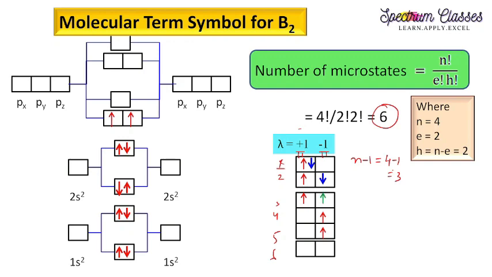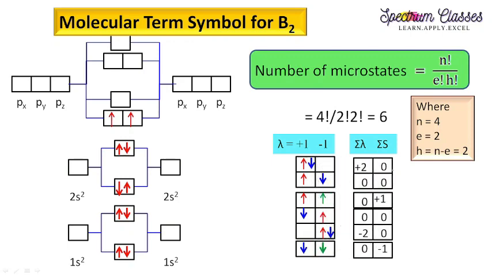I am not going to explain this here because it is a trick, and I have explained it in detail in my d2 term symbol video. So here you can see we have 6 possible microstates for these 2 electrons. Now we are going to calculate the sum of lambda values.